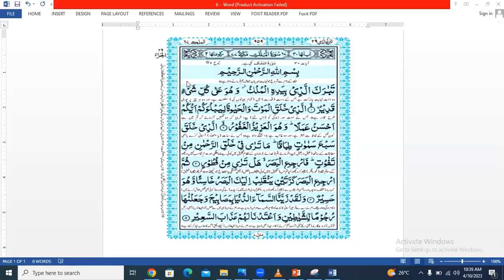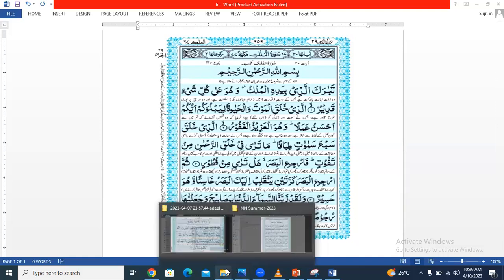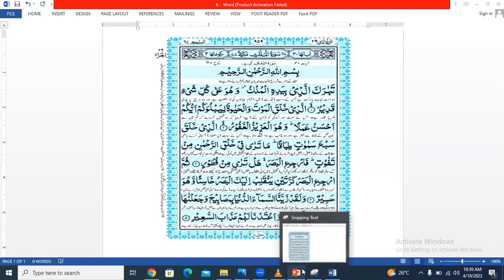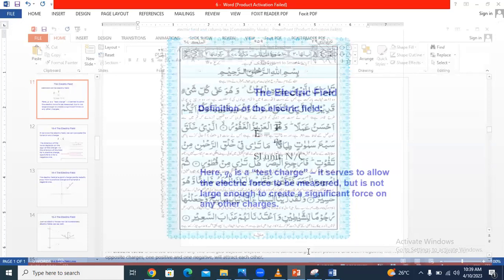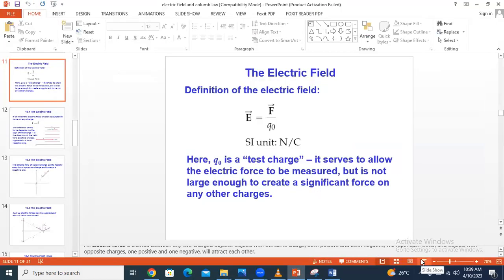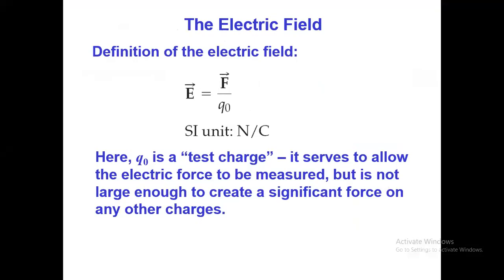Further, we are moving towards today's lecture on the topic electric field intensity, or we can say the electric field. The definition of the force per unit charge is called electric field intensity.